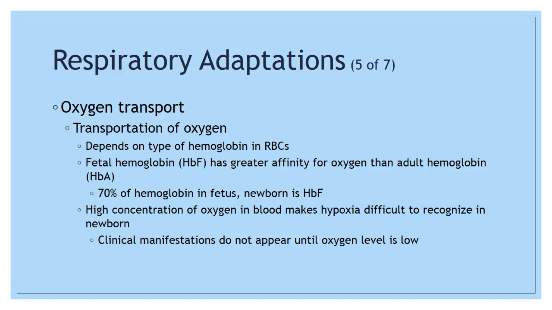And a high concentration of oxygen in the blood makes hypoxia difficult to recognize in the newborn. So sometimes you don't see things till the oxygen level is already low.